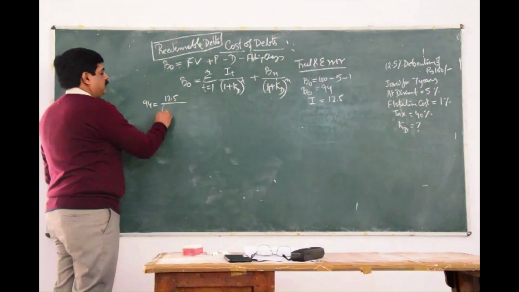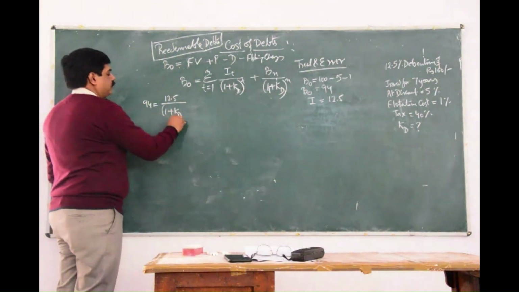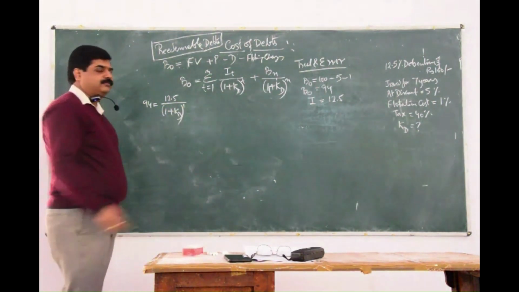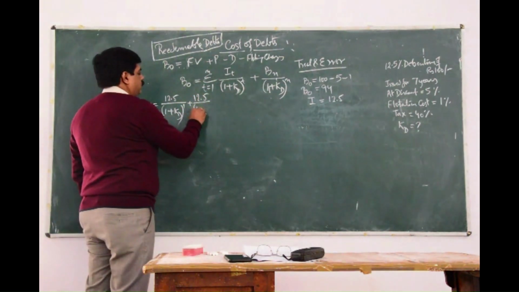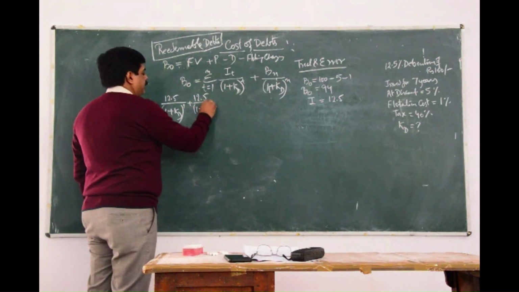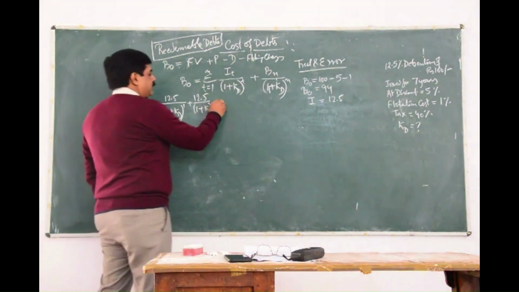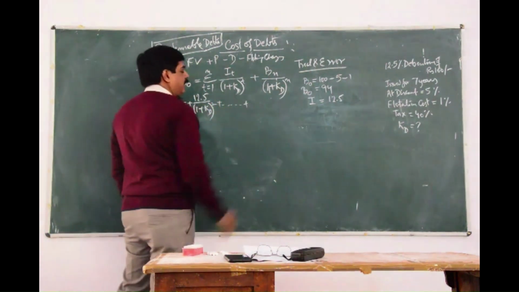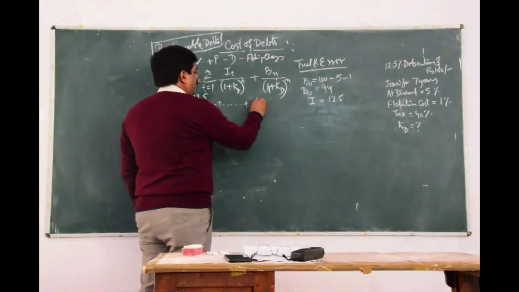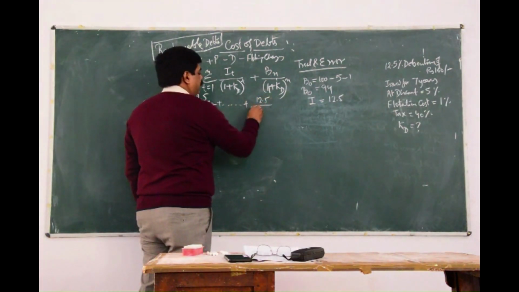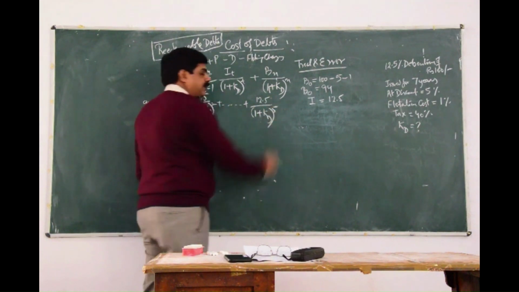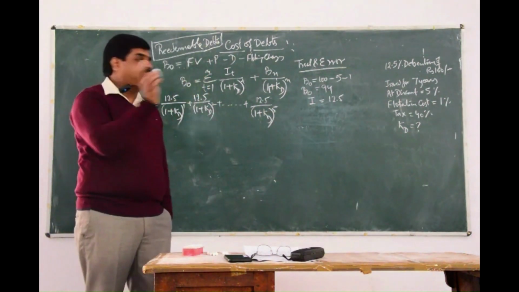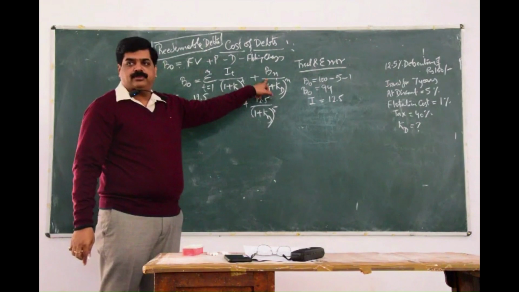12.5 upon 1 plus kd in the first year. Again 12.5 upon 1 plus kd in the second year. This will go till the 5th year, 12.5 upon 1 plus kd in the 5th year. And in the 5th year we have the maturity also.